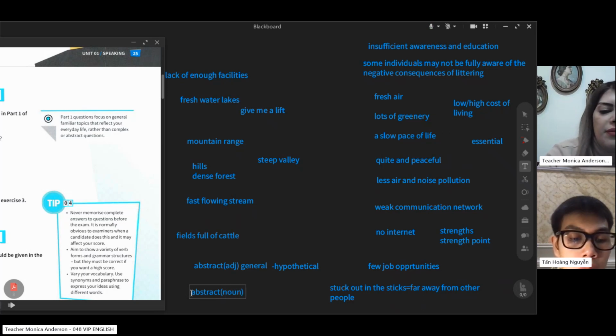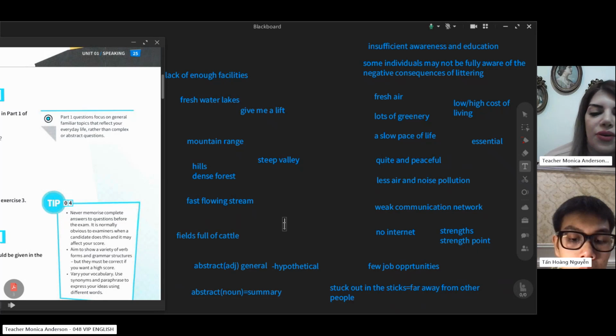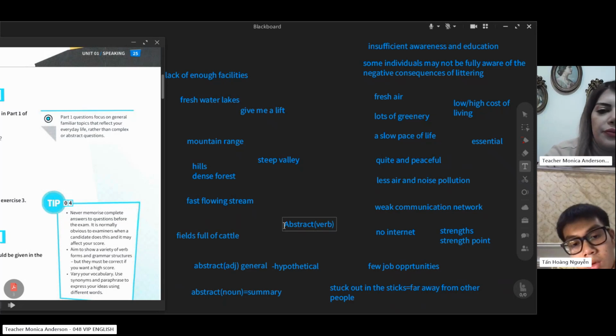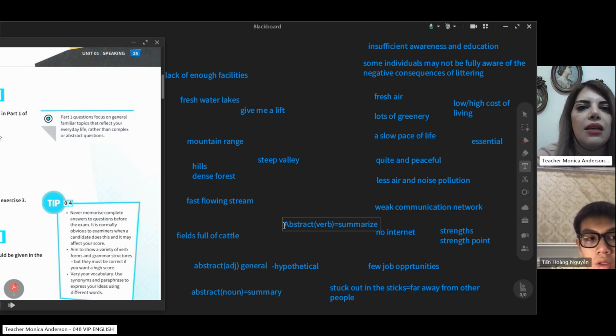Summary. A summary of something can be considered an abstract. And as a verb, it can mean to summarize. Can you make an example of abstract as a noun? Of course. For example, write an abstract for this essay, a summary.